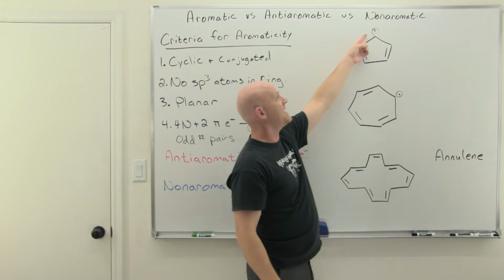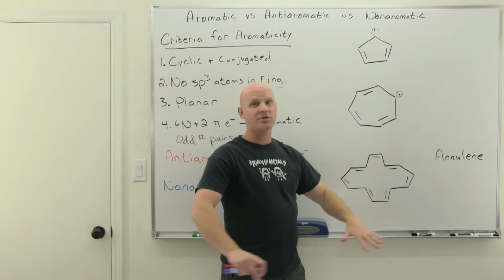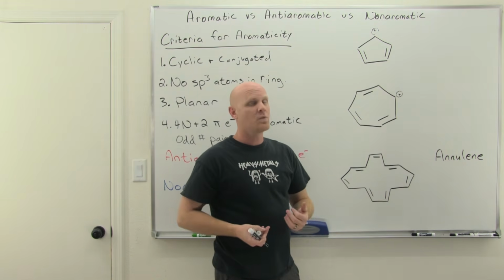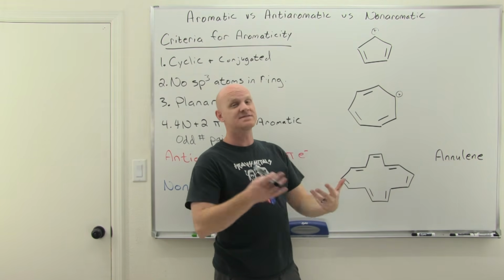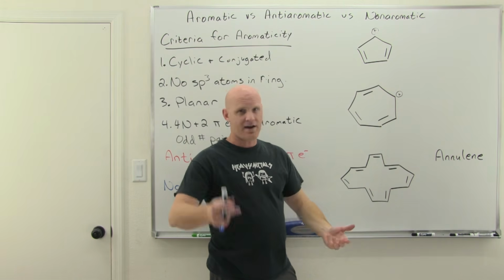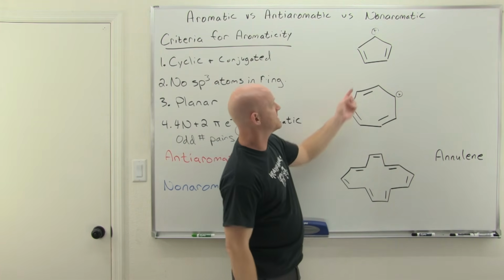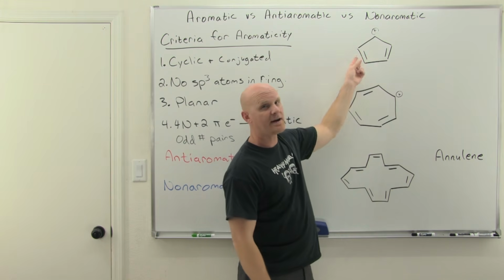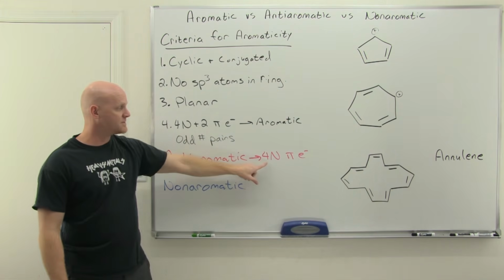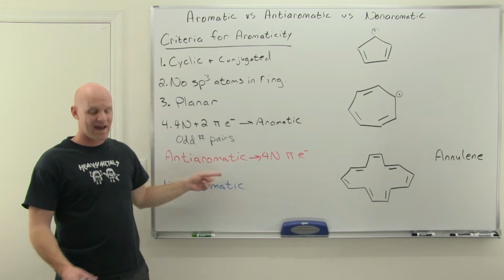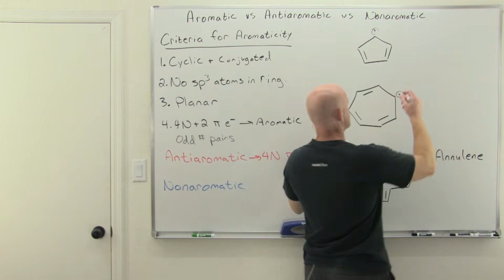So notice with a carbocation, it's an empty p orbital. There's no electrons there, so we don't get to count anything when we're counting pi electrons, but it still can be a conjugated system and have a cyclic ring of delocalized p orbitals there. So in this case, it'd be 2, 4 pi electrons, and 4 pi electrons, that's a multiple of 4, an even number of pairs, that's an anti-aromatic number, and there's nothing we can do to get out of it.